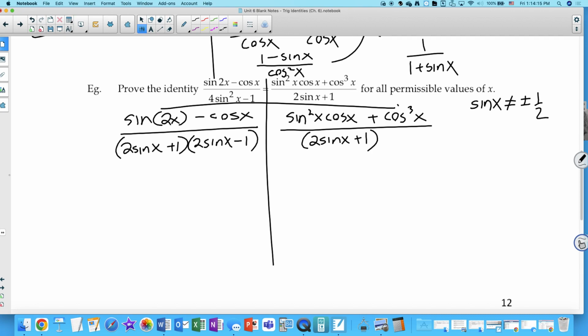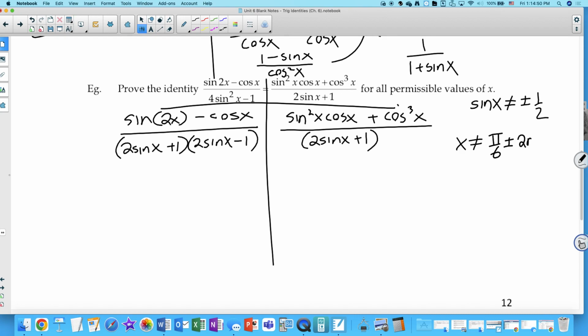And so you have to think, okay, what reference angle has a sine of 1/2? It's 30 degrees or pi by 6. Now we have to apply that to all 4 quadrants because we have the sign being both positive and negative. So x cannot equal, okay, we're going to have to do it in 4 different things because we're doing the general non-permissible values here. So the first one is pi over 6 plus or minus 2 pi n, where n is an element of the wholes.